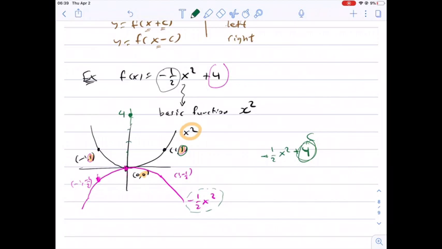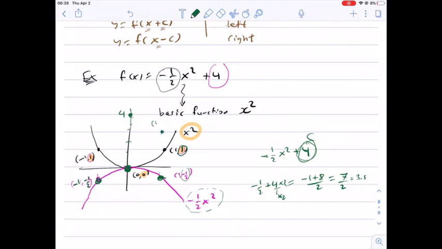Now what happens to this point here? So we need to determine some points on the graph. So let's use 0 0. This point here is 1 negative 1/2, and this point here is negative 1 negative 1/2. Now we add 4 to each y coordinate. So if we add 4 to this, we get 1 and negative 1/2 plus 4, that is negative 1 plus 8 over 2, and that is 7 over 2, which equals 3.5.